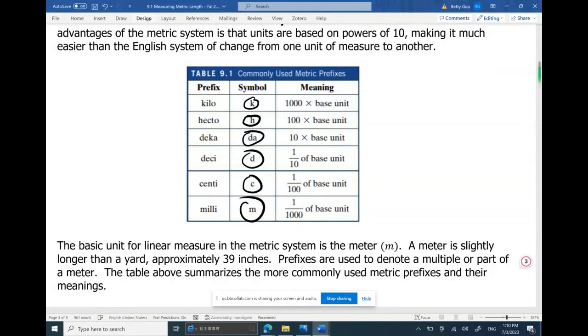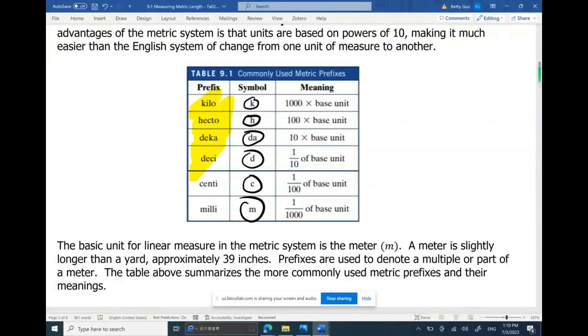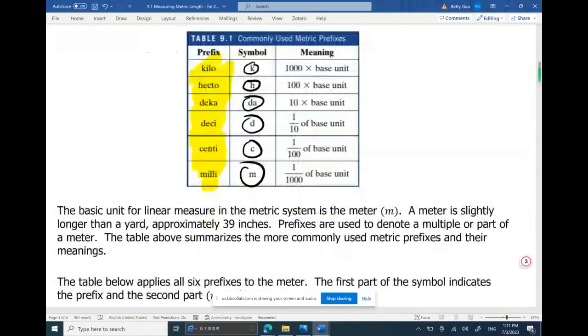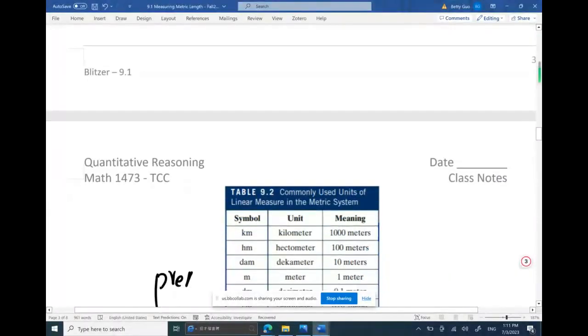So you want to know those, especially if you live in a country that uses the metric system, or you are going to visit one. You want to know those metric prefixes: kilo, hecto, deca, deci, centi, milli.